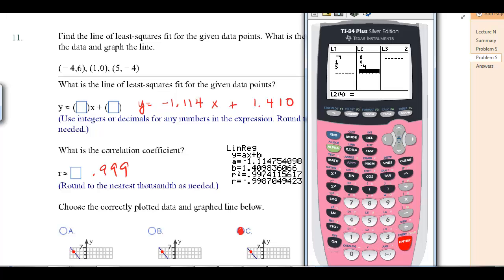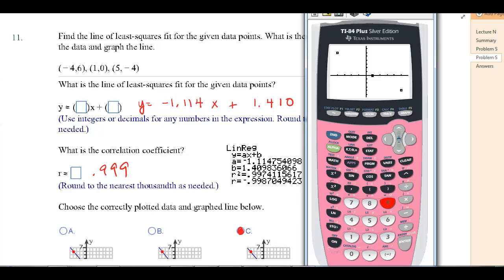All right. Then we always do a zoom 9. It's a statistical window. Did that not do it? Zoom 9. Let me check something real quickly. Okay, let's try that again. Zoom 9. I was just expecting a little bit different window, but we will go with that.